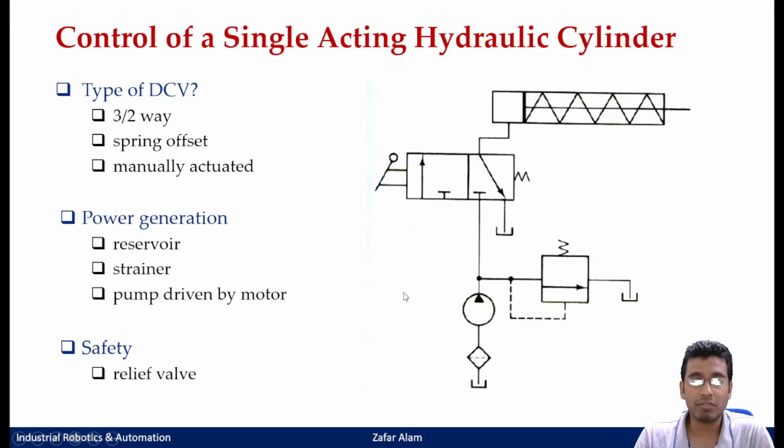Once you set a certain pressure, beyond that the pressure will not go; it will get relieved. How will it get relieved? Say you set a relief valve pressure of, suppose, 160 bar. When this port is blocked, pressure would start building here, and it will also build in this line, since this line is connected. I told you this dotted line is a pilot line.